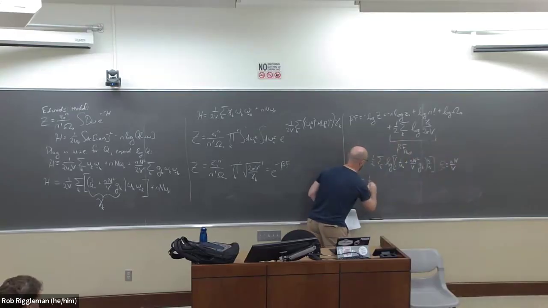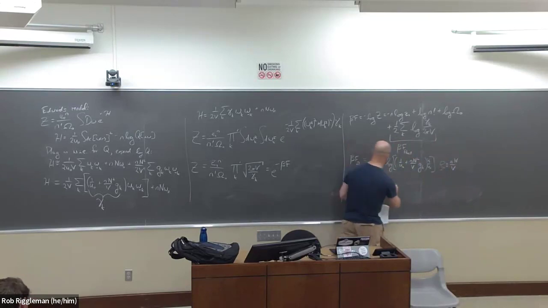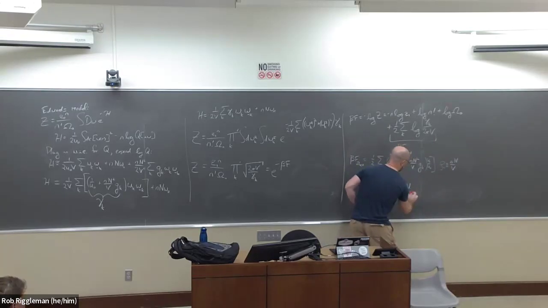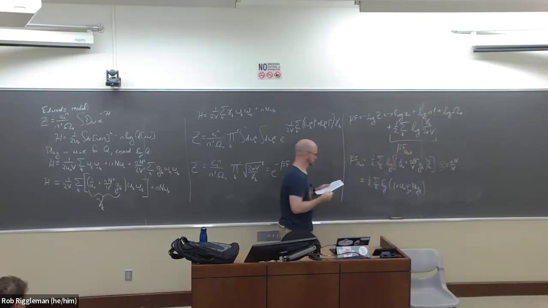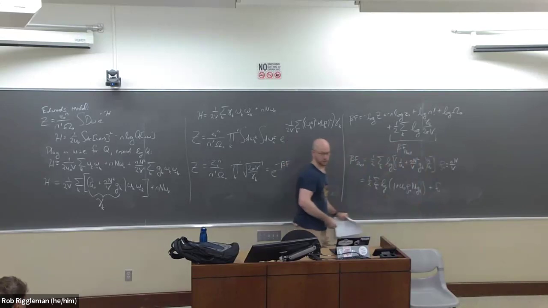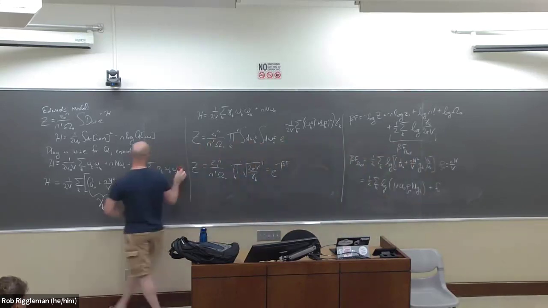And so this whole thing is going to become one half sum over k of log of u naught rho naught g k. That's it, right? We can just throw on a plus some F0 thing to represent that constant that comes from multiplying and dividing by u naught.